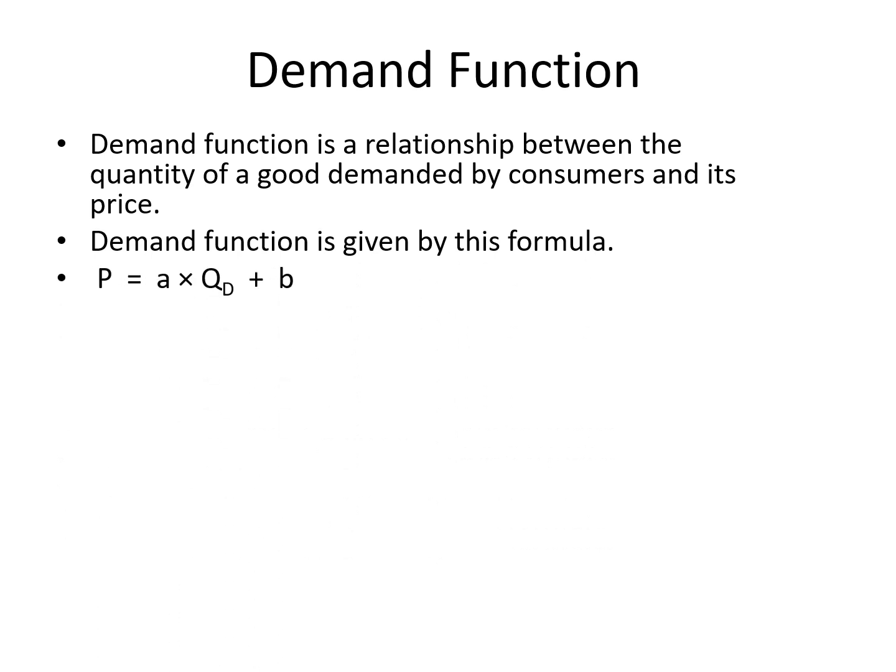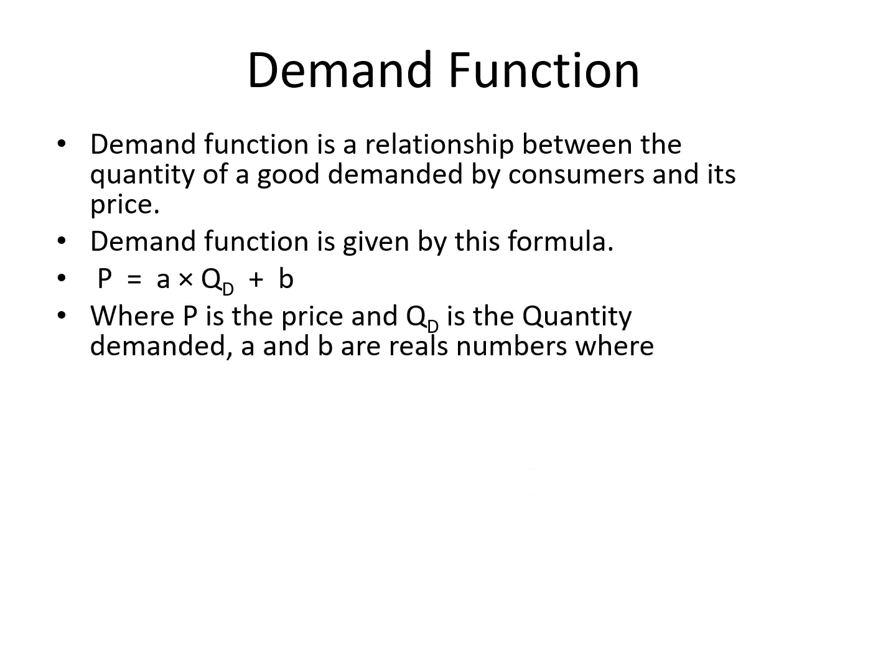The demand function is given by this formula: P equals A times QD plus B. P here is the price of the good, and QD is the quantity of this good demanded by the consumers.